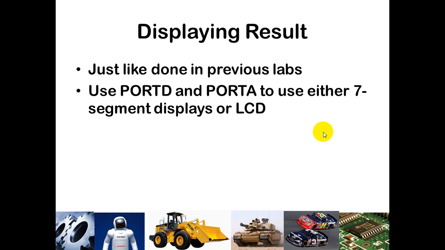If you're displaying things on the 7-segment displays, you need to put a value into W, and in the code that we've been working with, you had a little lookup table to determine what value needed to go out on port D to determine which LEDs would be on or off in each of the 7-segment displays. If you want to put values out to the LCD panel, you will also want a lookup table, but that will help you translate from the numeric value into the appropriate ASCII value for the character that needs to go out to the LCD.